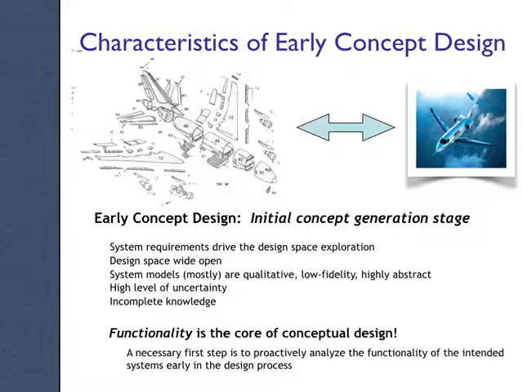We're exploring solutions to those requirements, and either functionally or, after we have functions, physically, what physical architecture we can have that meets a set of requirements. Really early in the design process, as we're developing these functional models, physical architectures, and behavioral diagrams, the design space is wide open. So there's a lot of flexibility in how the system can ultimately meet that set of requirements.